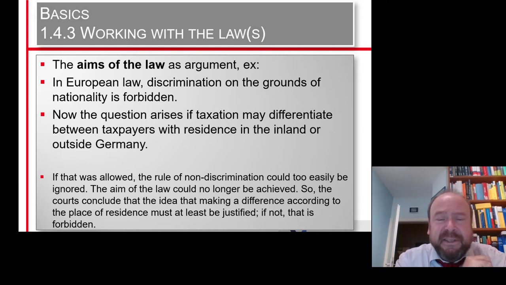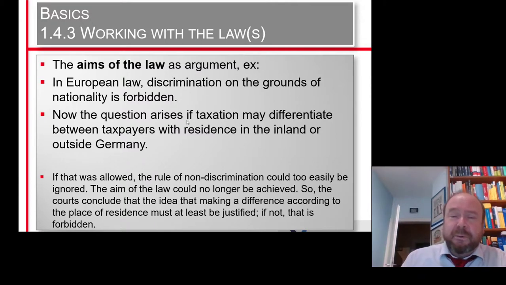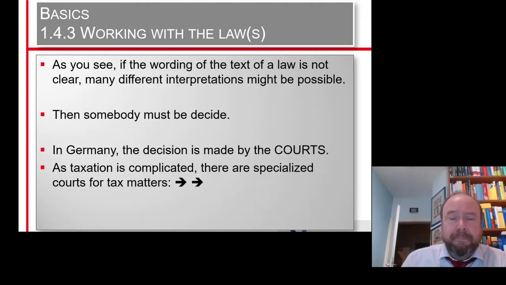So there, deciding about different interpretations plays a far bigger role. There the aims are far more important. Good.